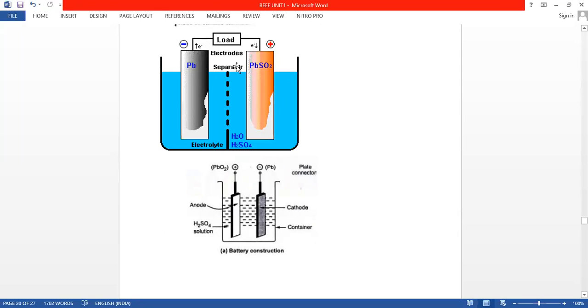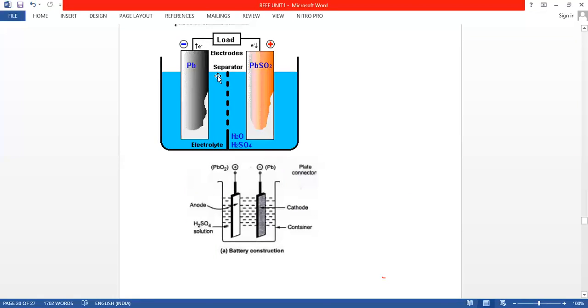What is that interaction? Electrons always move from the negative terminal to the positive terminal. Now for the lead acid battery, the positive terminal, the cathode, is lead peroxide, PbO2, and the anode is just lead, which is gray in color.